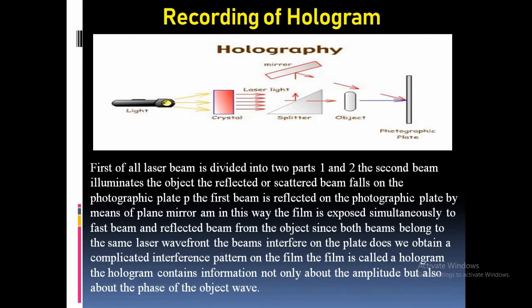The other part goes through the beam splitter and is then incident on the object. This light is known as the object wave, and the light coming from the mirror is known as the reference wave. These two waves interfere with each other on the photographic film and record the information about the amplitude and phase of the object.